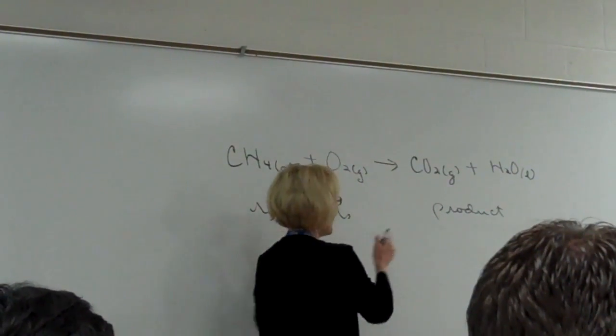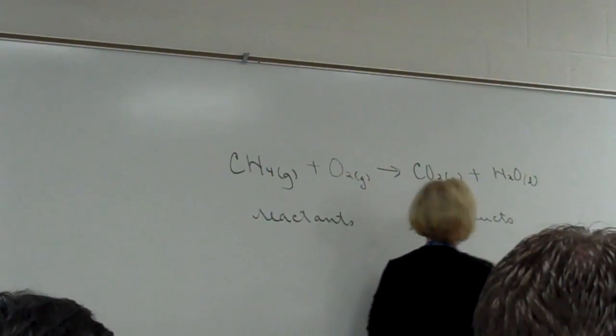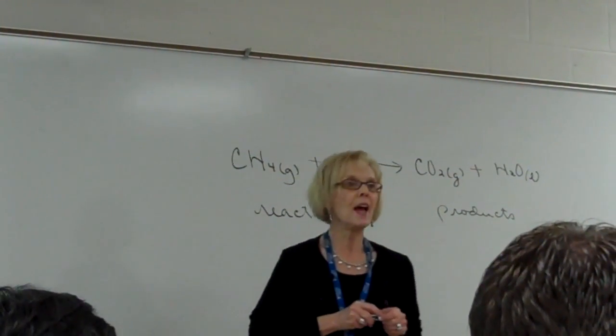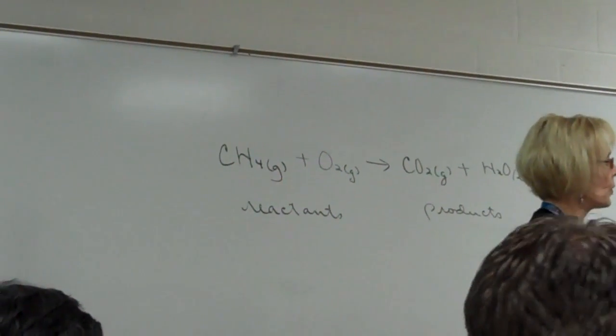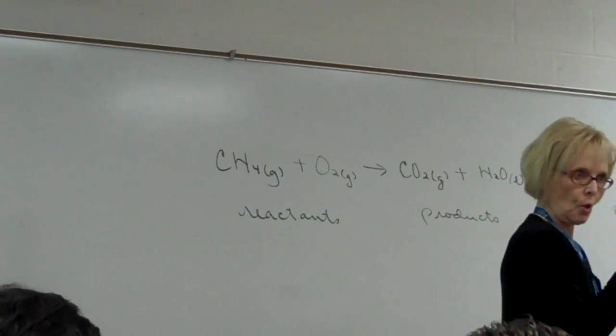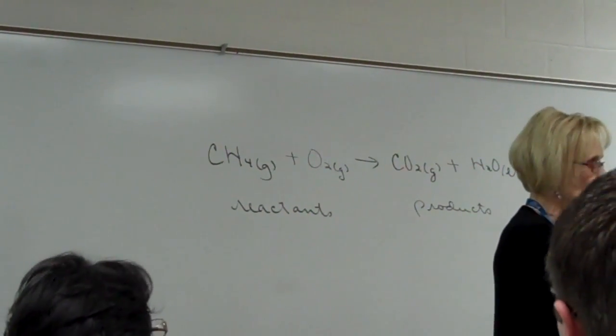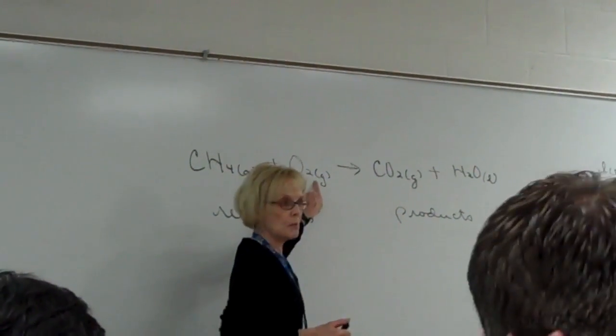You will be given all the reactants, you will be given all of the products. Now, your task is to balance this thing. Okay, when you balance it, what we're at liberty to do is we play with coefficients. We never, ever, ever touch a subscript. And of course, these guys are the subscripts.